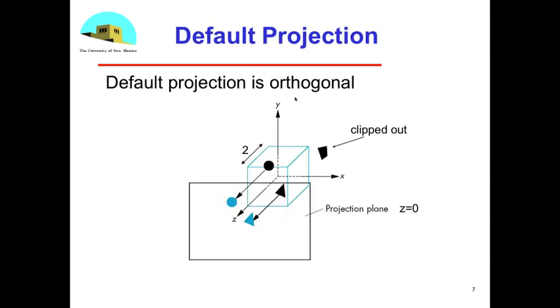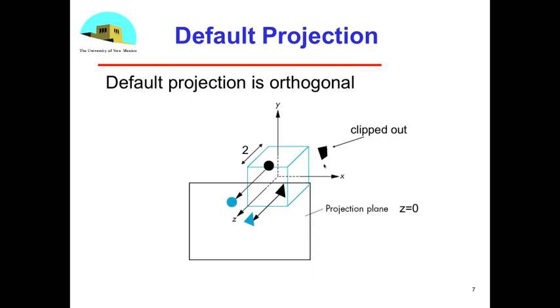So here's just a little picture of that. Things that are inside that camera will get projected into the plane z equals 0 and be potentially visible. They may be hidden by something else and removed by hidden surface removal, but if they're not, then they're visible, and polygons that are outside of this area are clipped out.